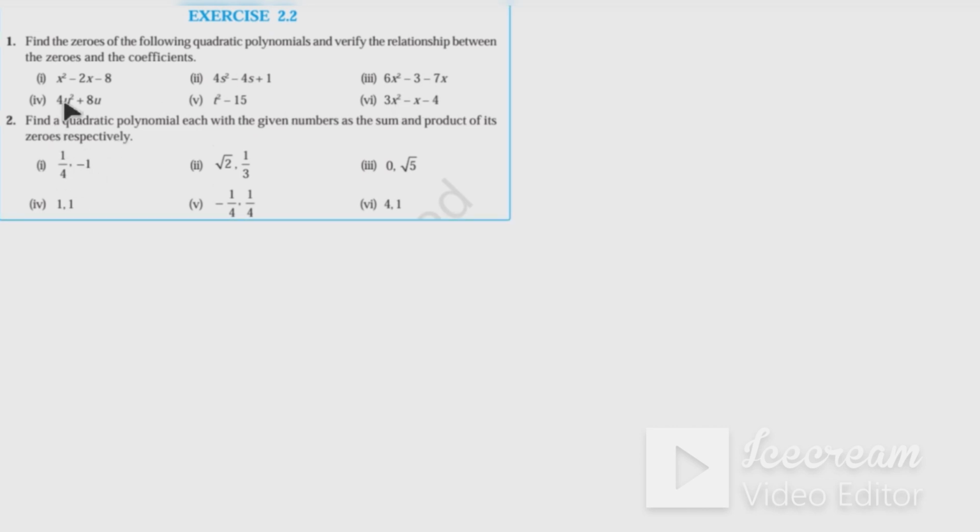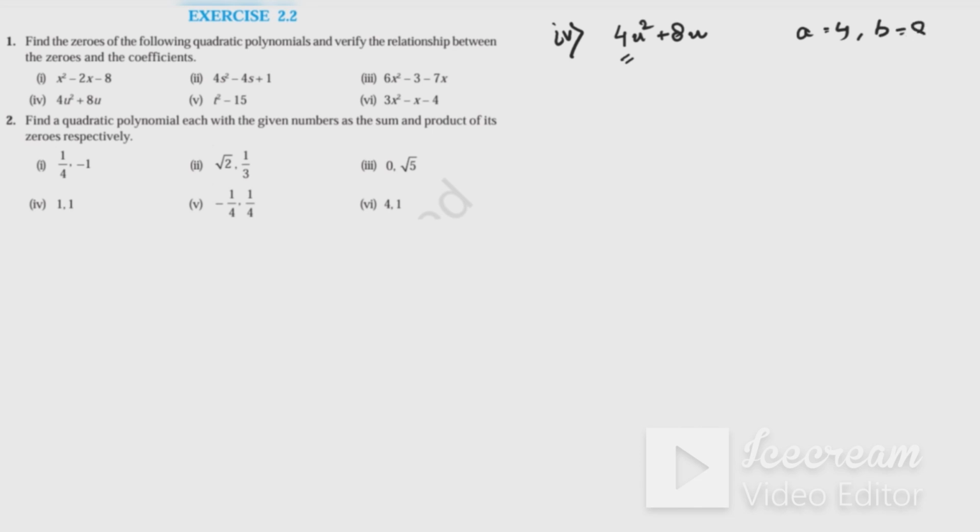Next question, I have question number 4. Question number 4 states 4u square plus 8u. So now you see the coefficient of u square, that is a, is equal to 4, the coefficient of u is b, and there is no constant term, hence c is equal to 0.